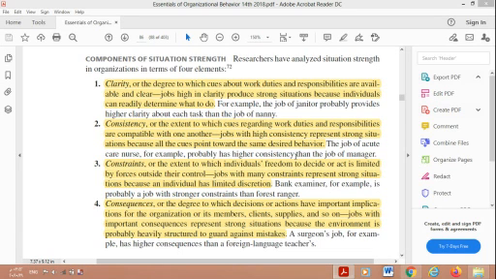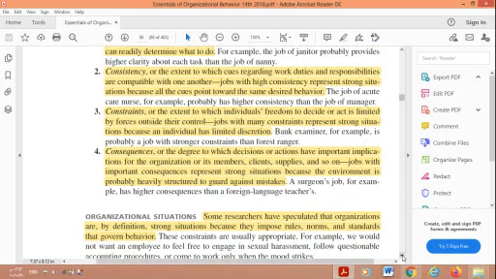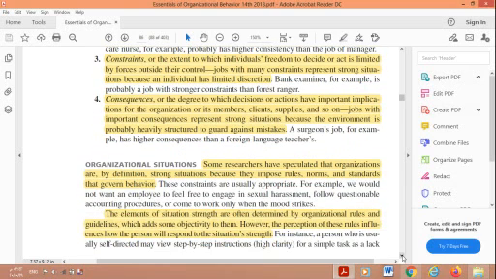Why? Because the environment is probably heavily structured to guard against mistake. Okay, these are the components of strong situation. We can say that the organization itself can be defined as a strong situation. Why?